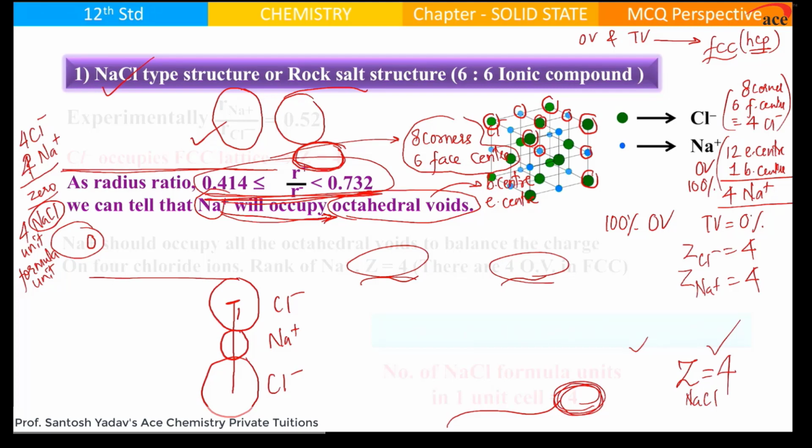So, this is R minus because it is the size of anion, this is R plus and this is also R plus and this is R minus, and from here to here, it is edge length.